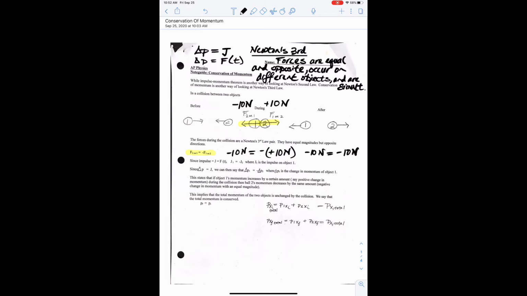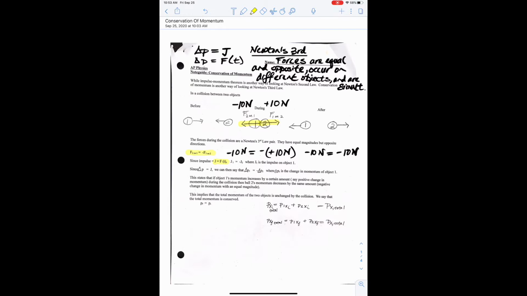Since impulse is J equals F times T, we would just take our negative 10 and multiply it by a time, like a couple seconds or 100 milliseconds, or take your positive 10 and multiply it by a time.